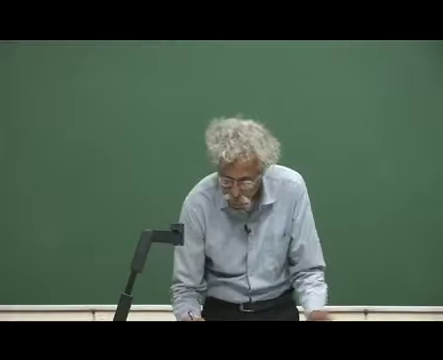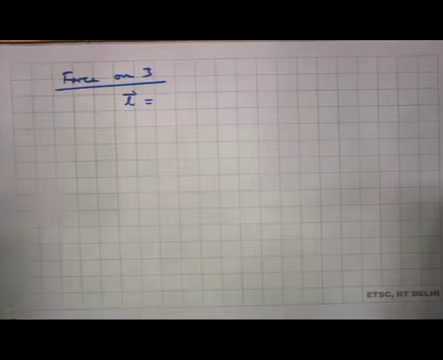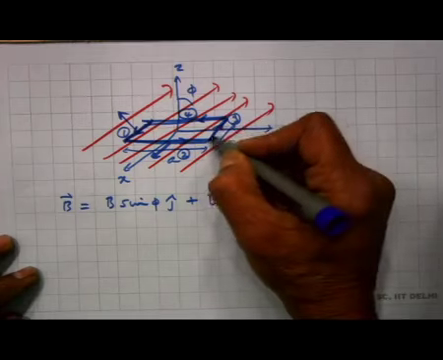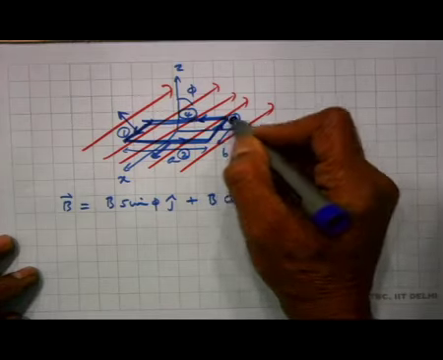So, let me calculate F3. For F3 I must write L again. Look here in the figure, this is a current flowing in the minus x direction of length b.